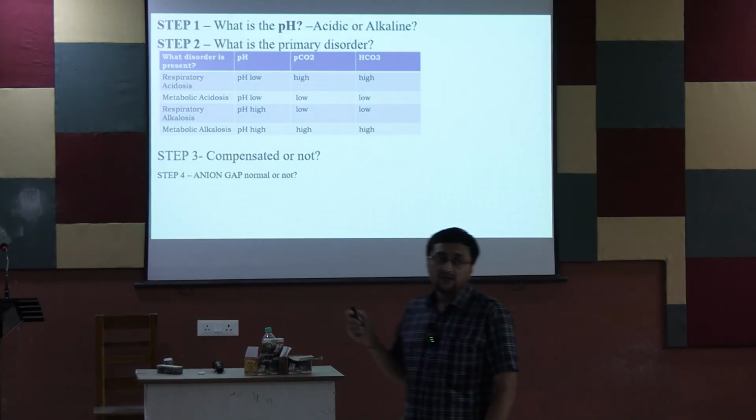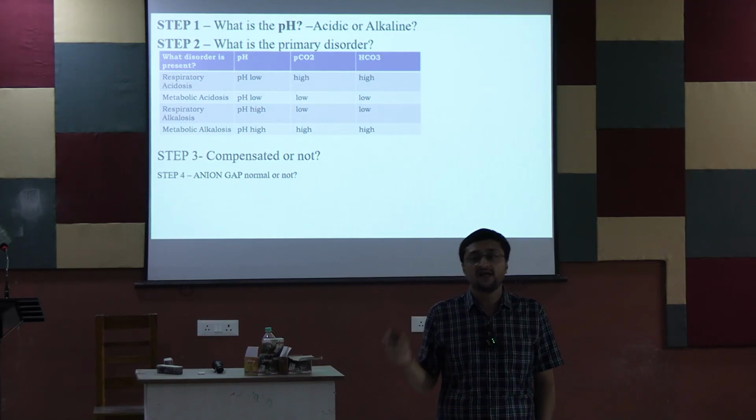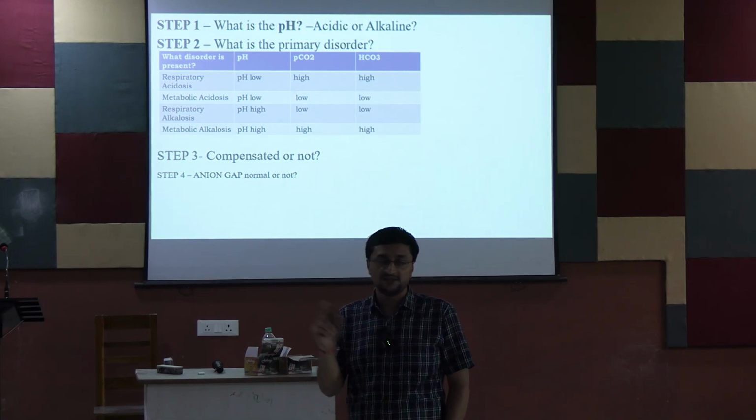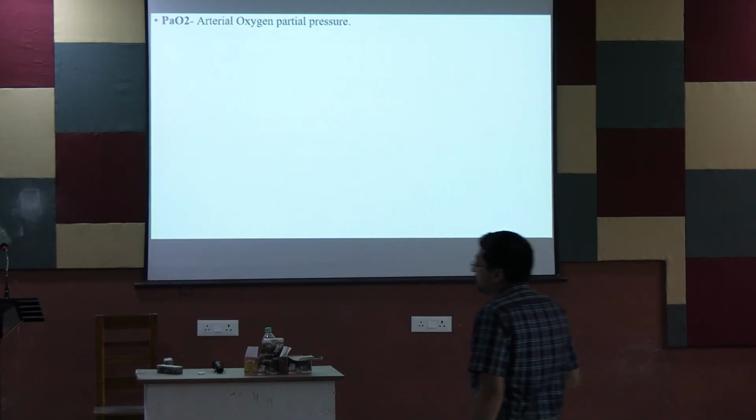Next one is whether the blood gas is compensated or not, and fourth one is anion gap, but anion gap only if the patient is having metabolic acidosis, not in other areas.